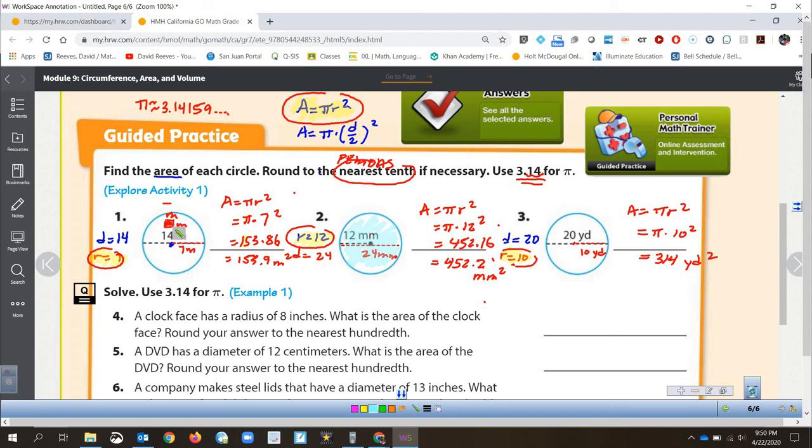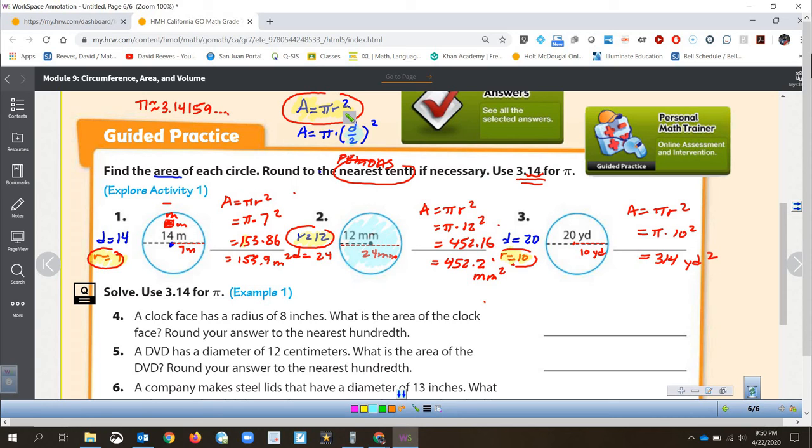If they give you the diameter instead, like they did on number 1 and number 3, it's a great idea to divide that diameter in 2 and get the radius to start with and use that formula. Or if you want to, you can use this formula, pi times the diameter divided by 2 squared. But what I'm saying is, go ahead and do that part first, and then just use that formula.